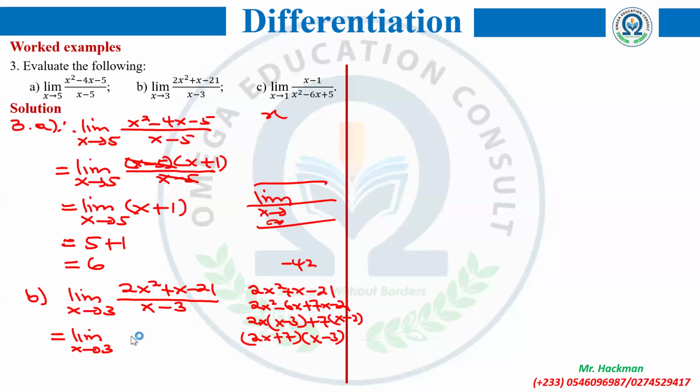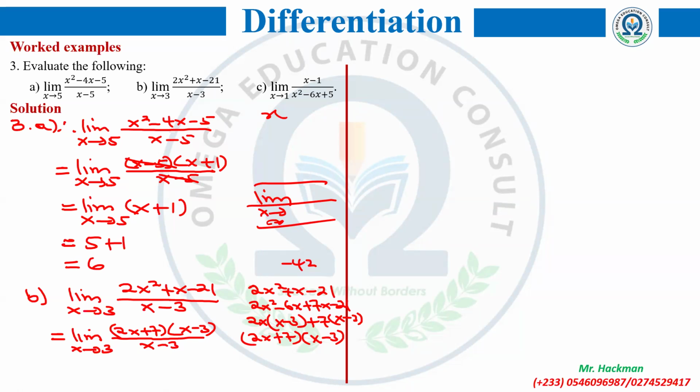But if you skip this and straight away write 2x plus 7 times x minus 3 over the x minus 3, you won't get the method mark. In some situations, once you don't get the method mark, we won't give you the answer mark too. So you tread cautiously.